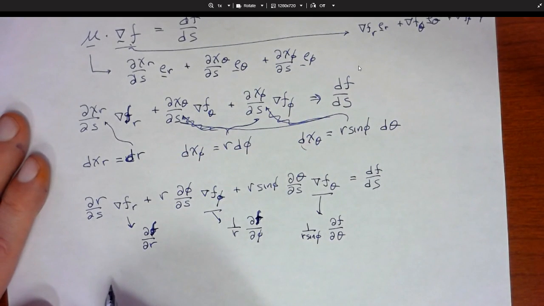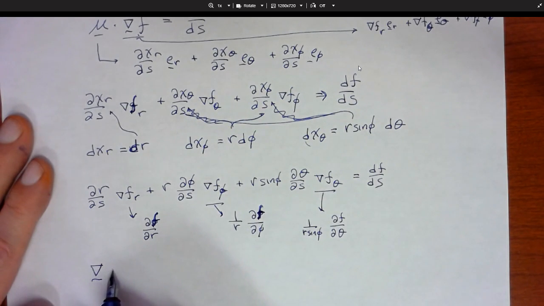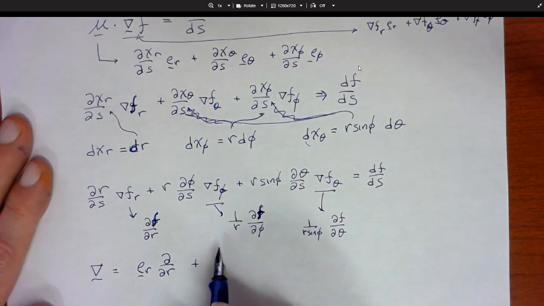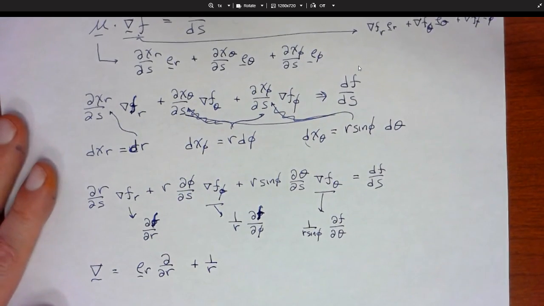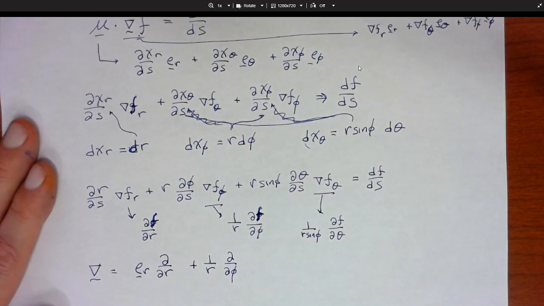Okay, so that means that, in fact, the gradient operator in spherical coordinates finally gives us the following. In the r direction, partial derivative with respect to r. In the phi direction, we get a 1 over r to fix the metric of the phi angle, partial derivative with respect to phi.